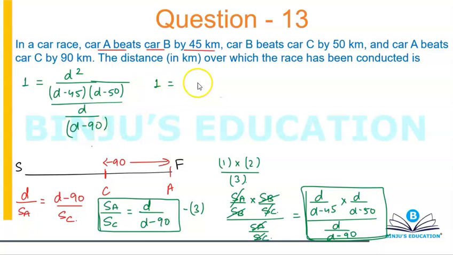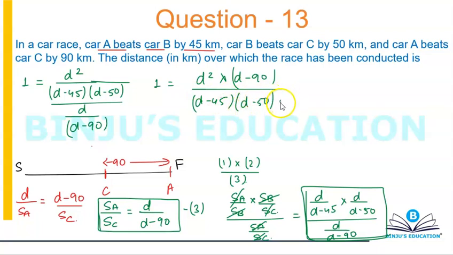You will have 1 is equal to D square into (D minus 90) divided by (D minus 45) into (D minus 50) into D. So D and D cancel out.